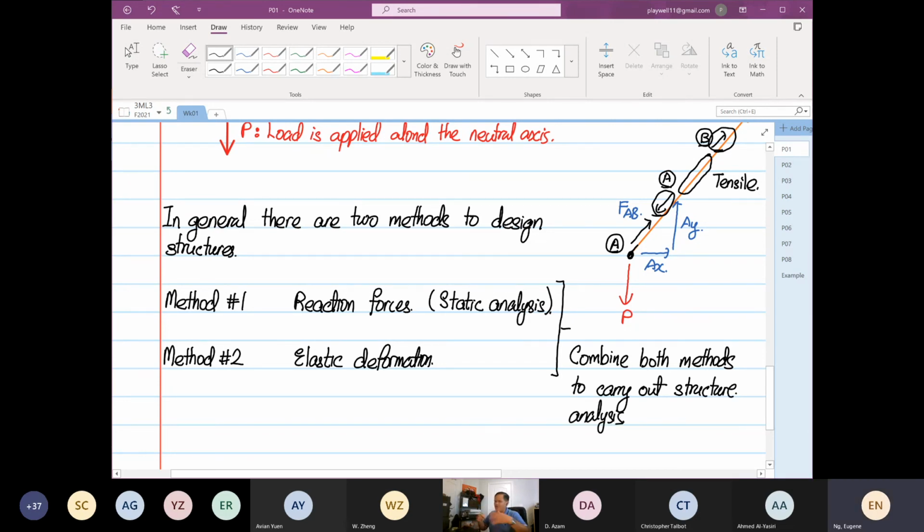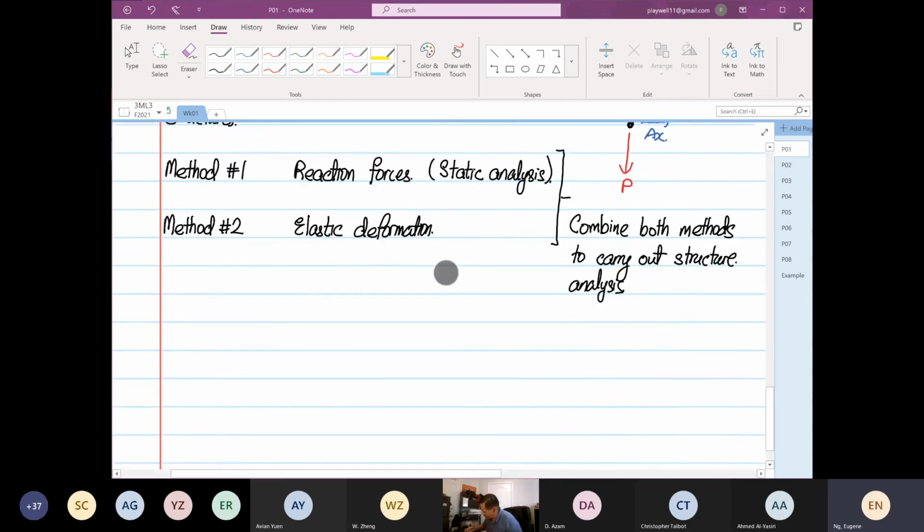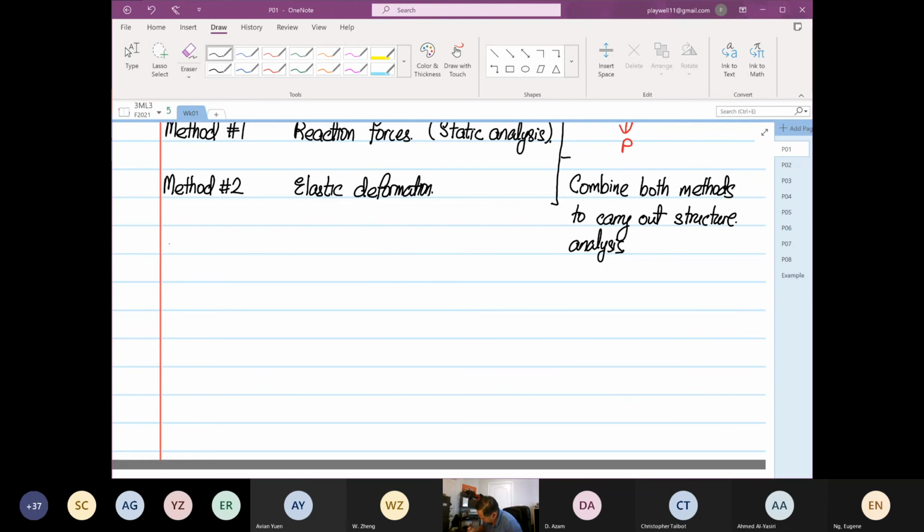Okay, so when you apply both methods, you can solve structures in any configuration. If you just use reaction forces, sometimes you cannot solve the structure because it's statically indeterminate, which we will talk about later. Okay, so let's look at method number one. We are going to look at reaction forces. And this is the most commonly used. Most of you have passed statics and dynamics. This is straightforward for you.